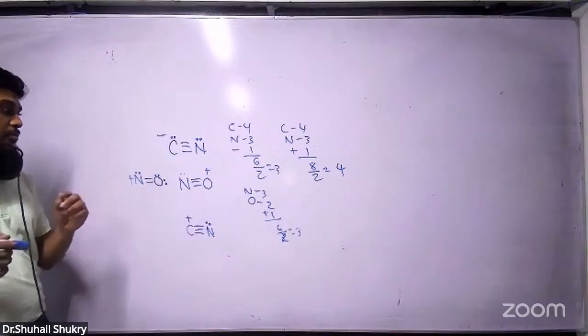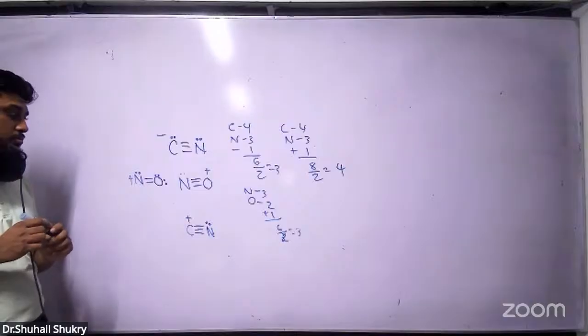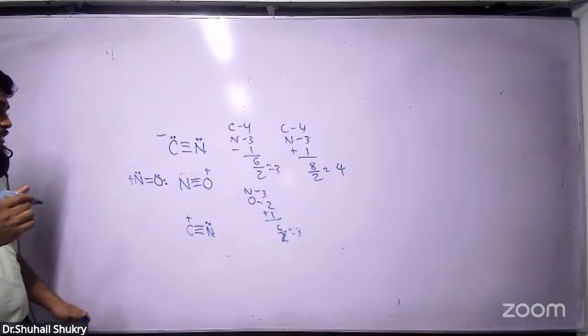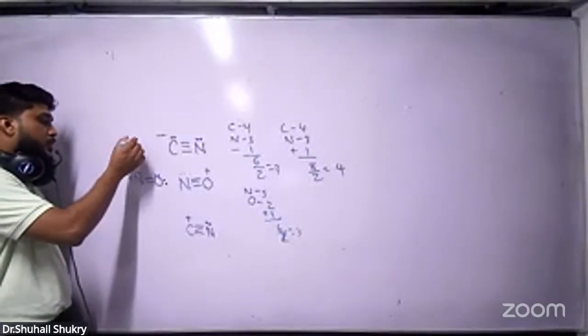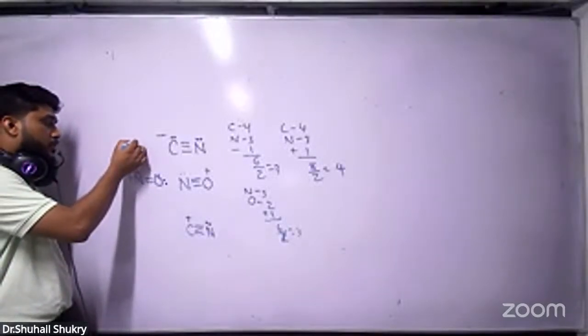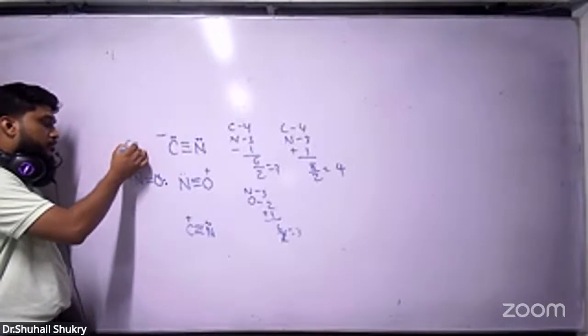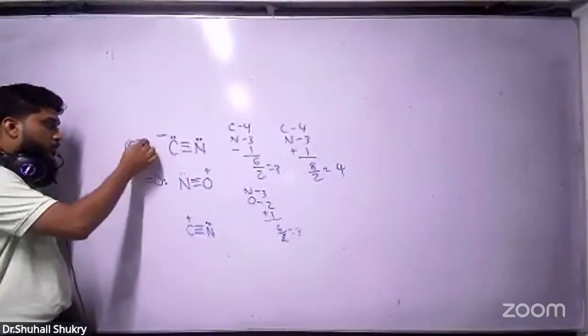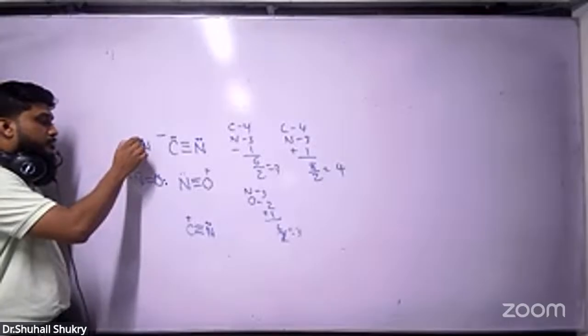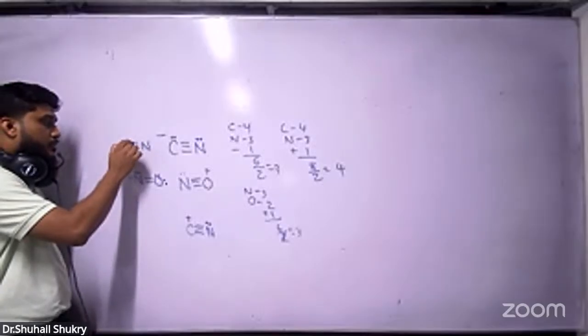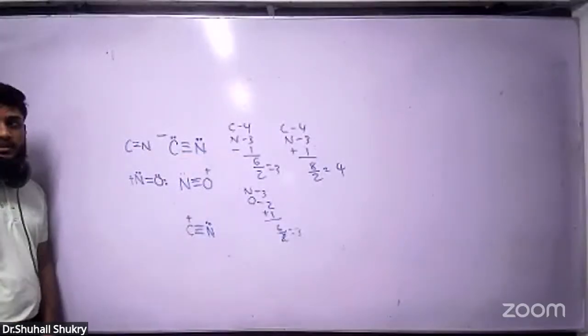For CN minus, can you draw another one? You can't. That is for CN minus. If you put two bonds like this, you can select the number of bonds using this.